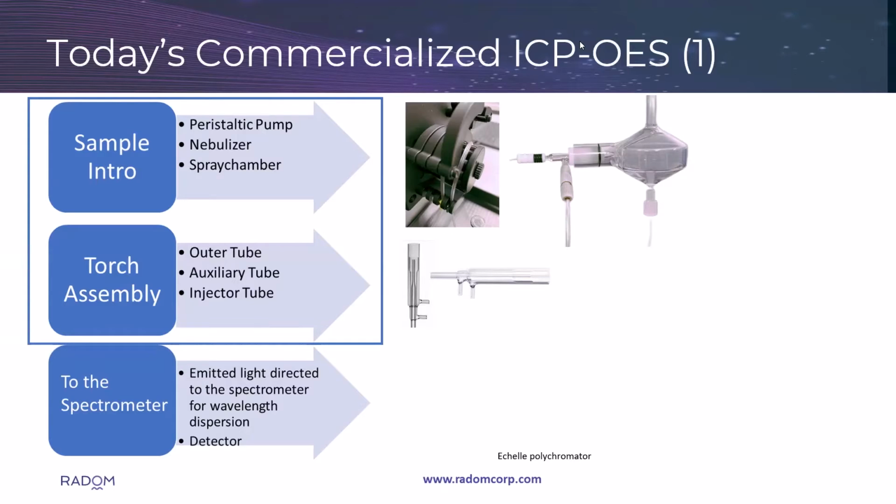The plasma source is the sample introduction and the torch assembly. In that torch assembly, the plasma is contained and generated, which we'll talk about in a minute. If this component is not robust and stable, there's no need for the second component, the spectrometer, which measures the concentration of elements in the sample.